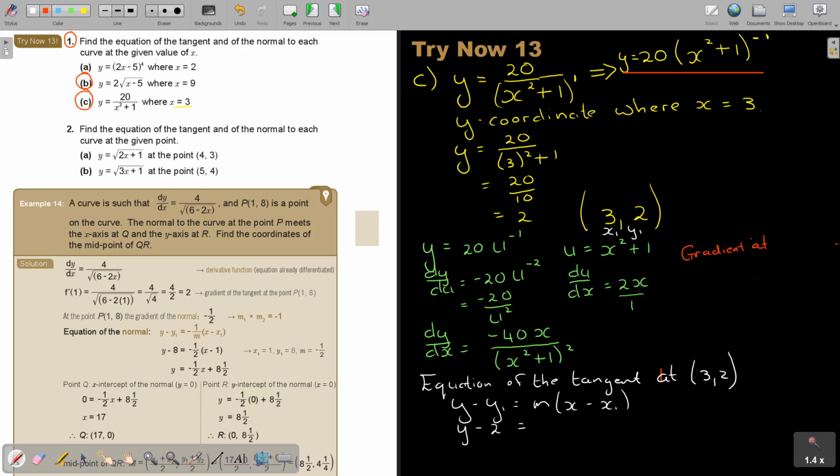It's just a gradient. We're going to use the derivative function. So we're just going to say gradient at the point where x is 3, and that will just be dy over dx, and we're basically just going to substitute 3.